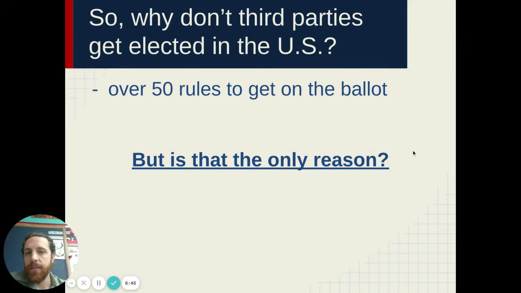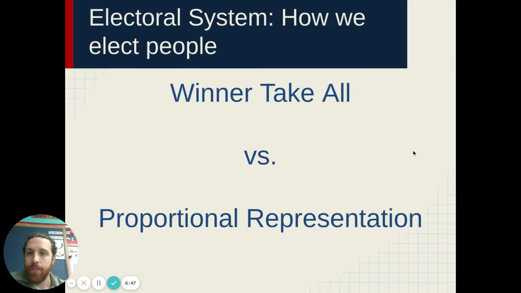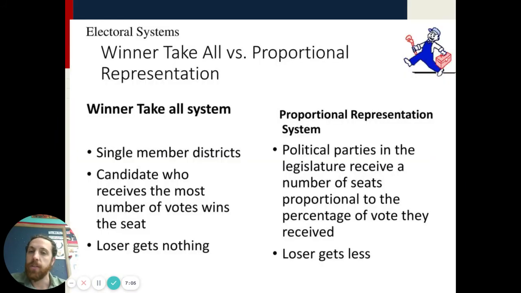And there's another explanation, and it's how we go about electing people. This idea of winner take all versus proportional representation elections. And again, you're not going to be tested on this, but I want you to have a sense and an understanding of how these two systems work.